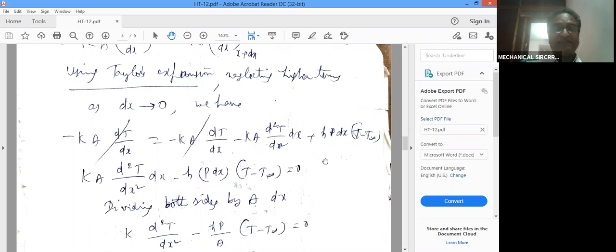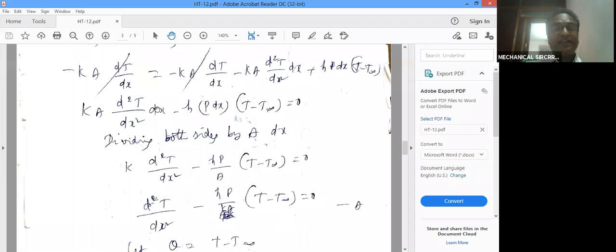Now dividing both sides by A into dx. From now onward, mathematics only. All of you listen very carefully. Now, from differential mathematics, this is the mathematical equation: Ka d square T by dx square into dx minus Hp dx into T minus T free stream is equal to 0.